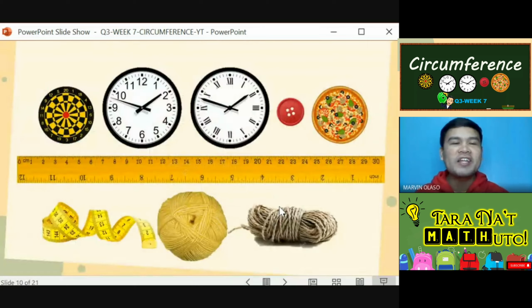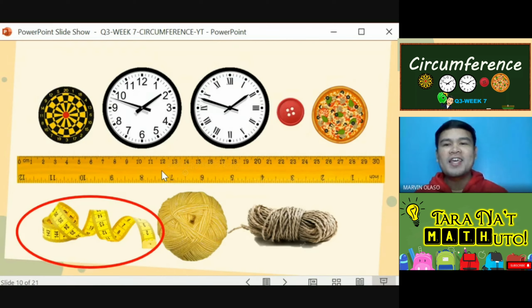We have here different circular objects. We also have a ruler, a tape measure, a string, and a yarn. Do you have any idea how these tools are used to measure the circumference? Well, you can put this tape measure around the circular object to get the circumference of it.